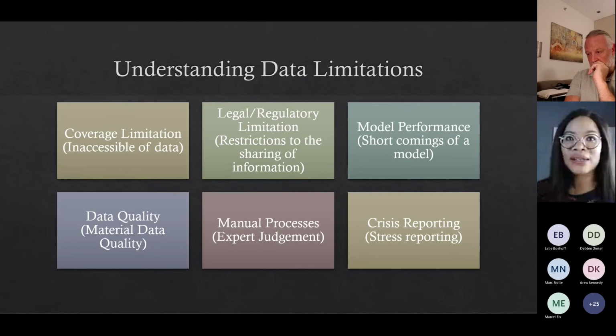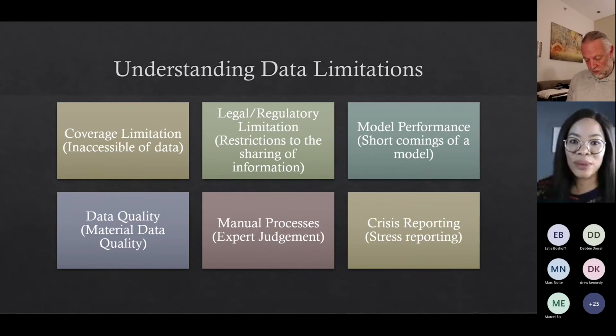And also data quality could be one of the huge limitations. In data quality, we check for things like completeness, validity, correctness, and you find that in most cases, the data that you need is incomplete for you to make better decisions. You can't make better decisions because maybe only 30% of addresses are captured in the system.